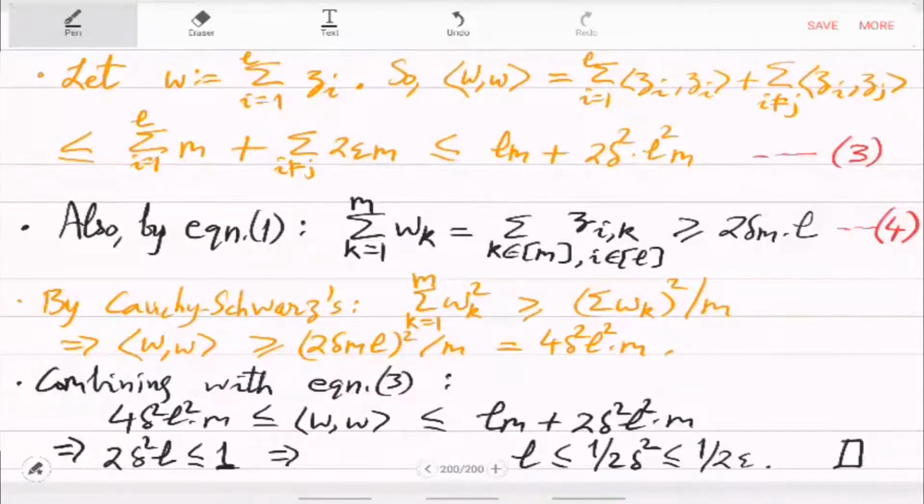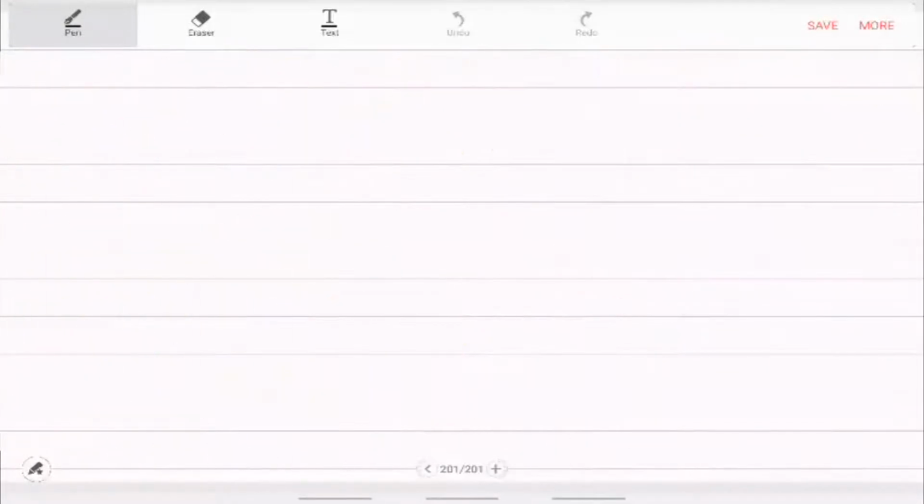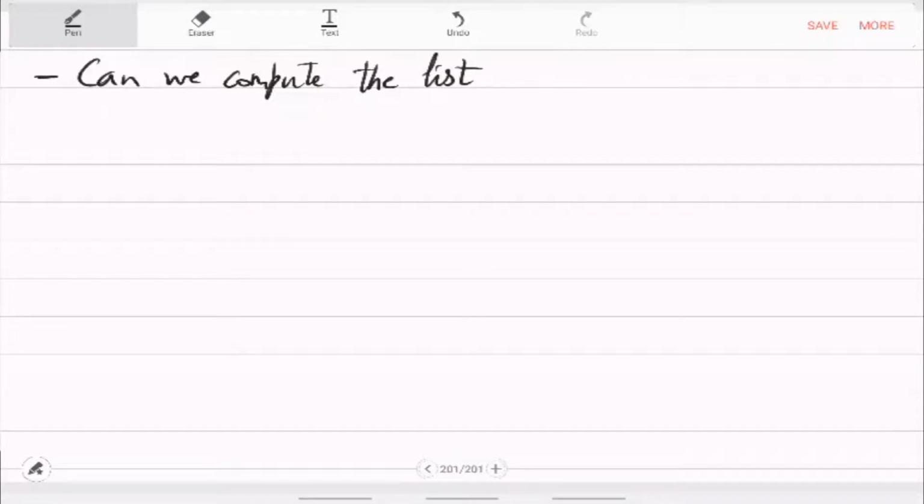Okay, so the list is small. The next question is whether this list can be efficiently found and locally found. So, can we compute the list efficiently and locally?